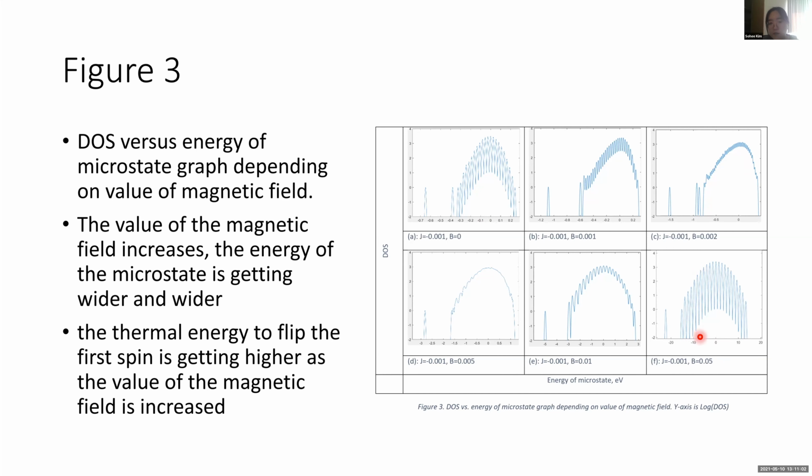In graph A, the peak range is about 0.01, but in F the peak range is almost 1. This figure also shows the thermal energy difference. When the thermal energy flips the first spin, it gets higher as the value of the magnetic field is increased too.